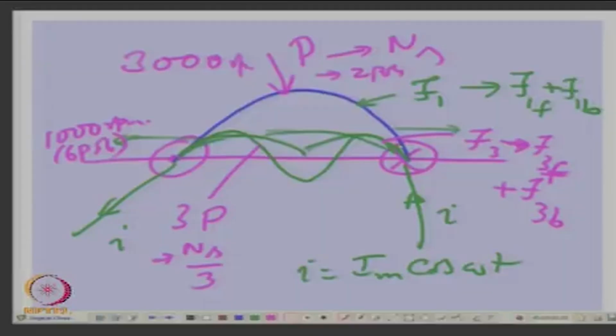See, the winding is sitting pretty stationary. You are passing current and it gives rise to a field in the air gap, and those air gap fields will induce voltages in the winding, including the one which is carrying the current. It will be F only.